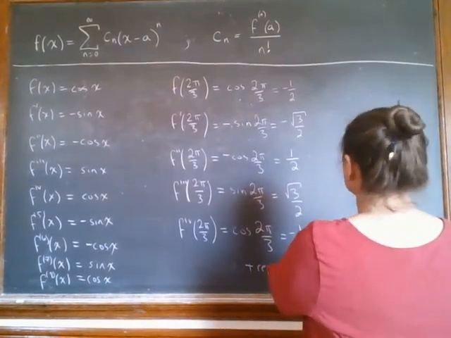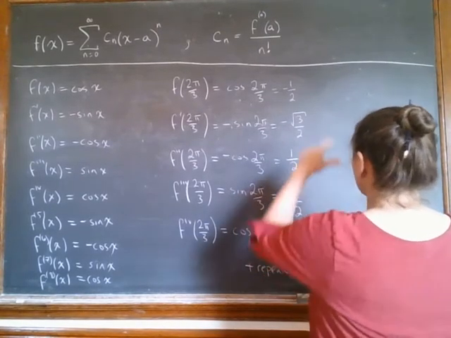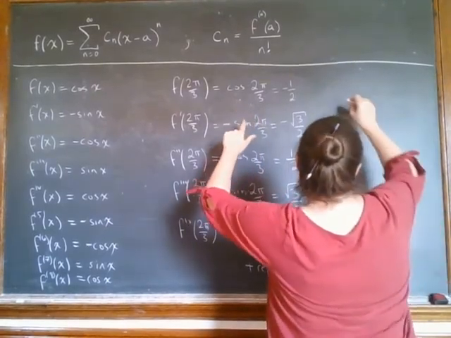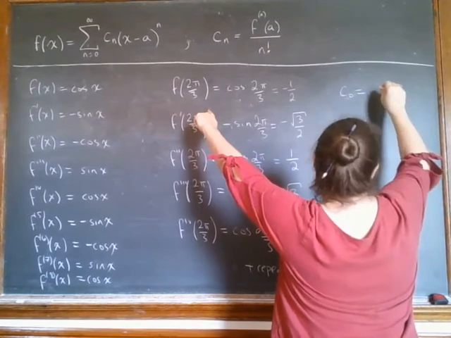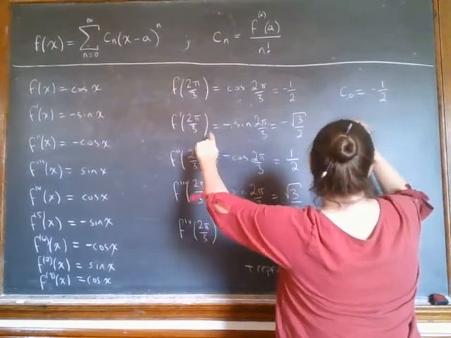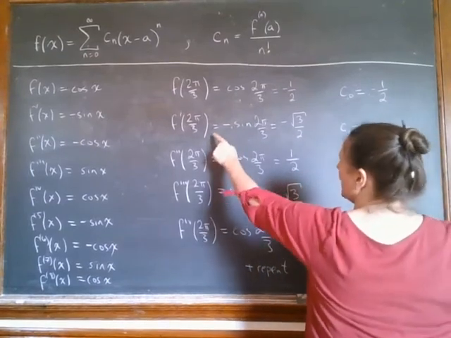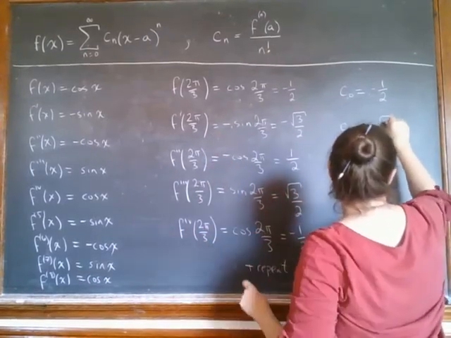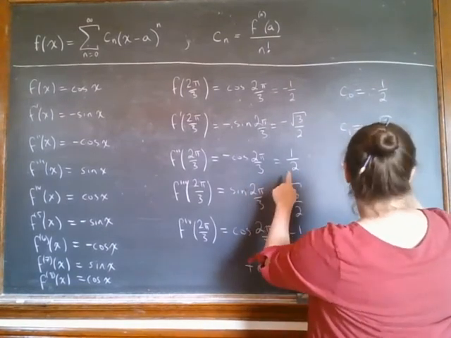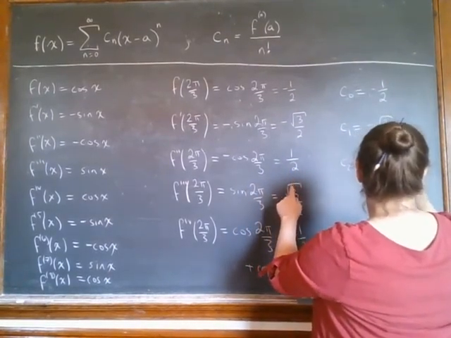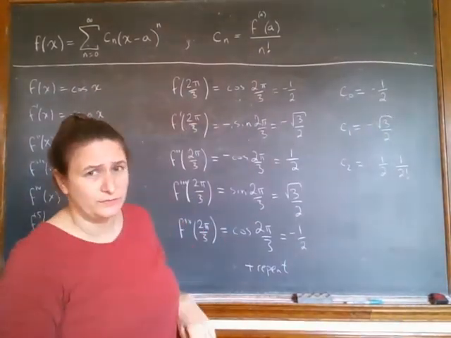Okay? So let's see what we have. C0 is f of 2 pi over 3, so that's just going to be this. C1 is going to be this guy over 1 factorial. C2 is going to be this guy over 2 factorial. So I'm just going to write it as times 1 over 2 factorial.